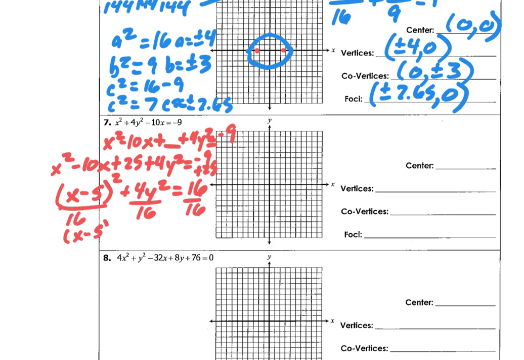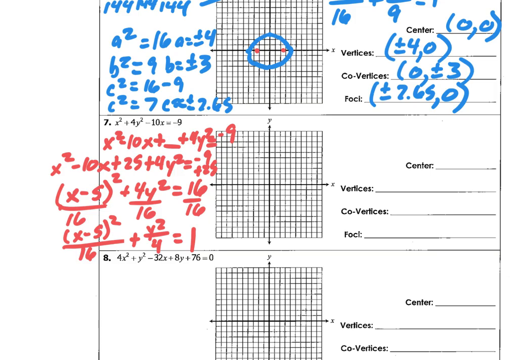So this would be x minus 5 squared over 16, because there's no coefficient out in front, so there's nothing to simplify with it. The 4 over 16 becomes what? Y squared over 4 equals 1.